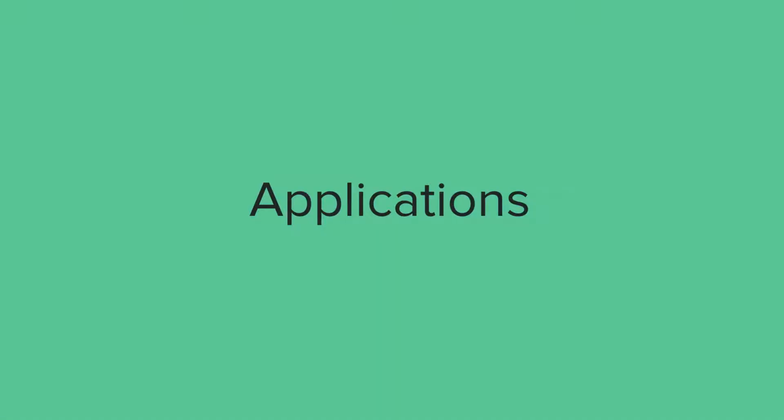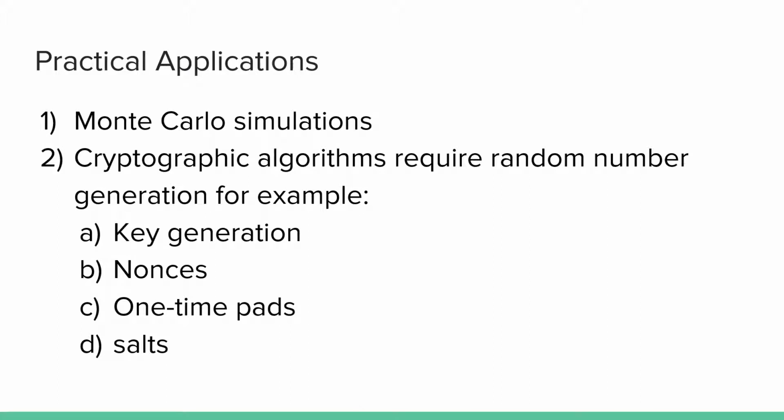Now that we've looked at the algorithm, let us take a look at the applications of the algorithm. A practical application of Fortuna is Monte Carlo simulations. The essential idea of these simulations is to use randomness to solve problems that might be deterministic in principle.